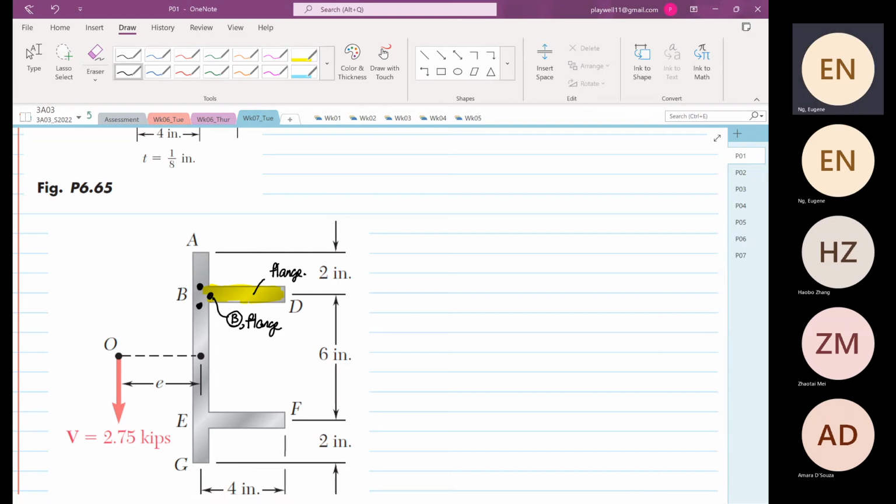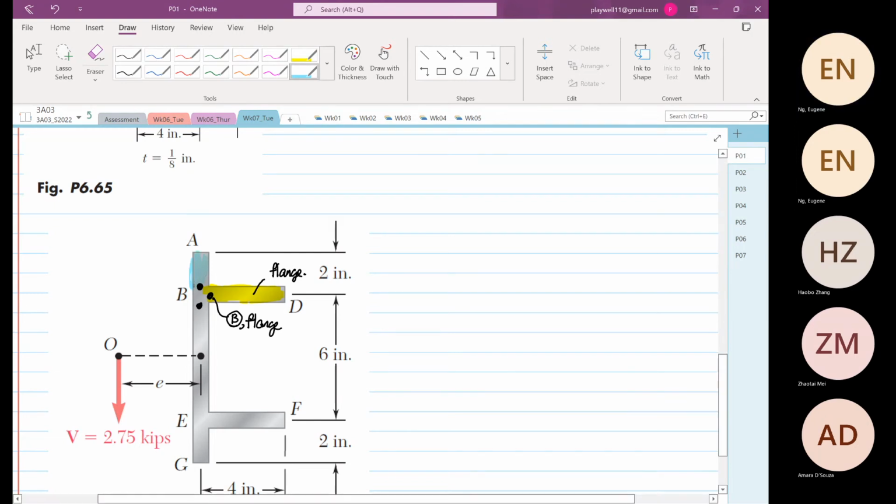Then we also have point B. I'm going to color it in blue. I hope you can see it.